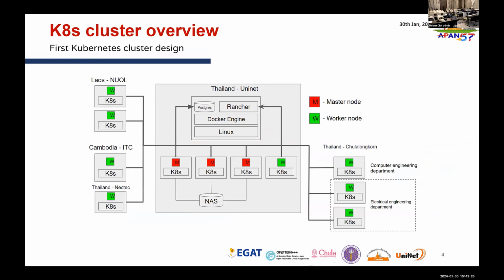Next, on infrastructure, we also would like to collaborate with many countries. We work together with Laos, Cambodia, and also with NECTEC. We sent our access boxes, deployed with a worker node inside, and built it all into one big cluster. Inside Uninet, we deploy the Kubernetes master nodes, 3 nodes, to enable Kubernetes high availability.